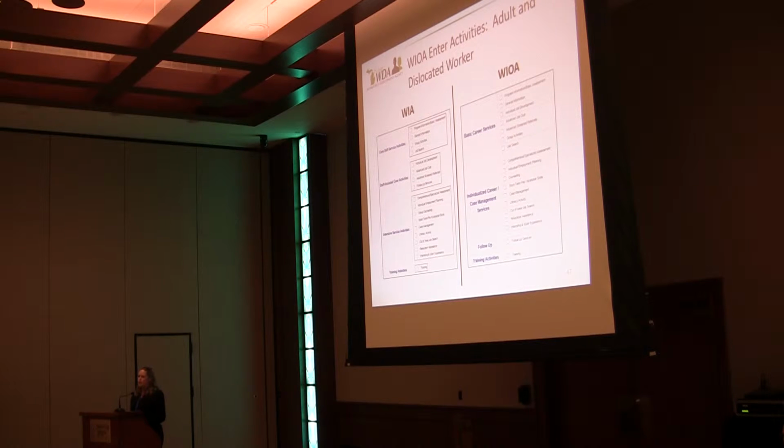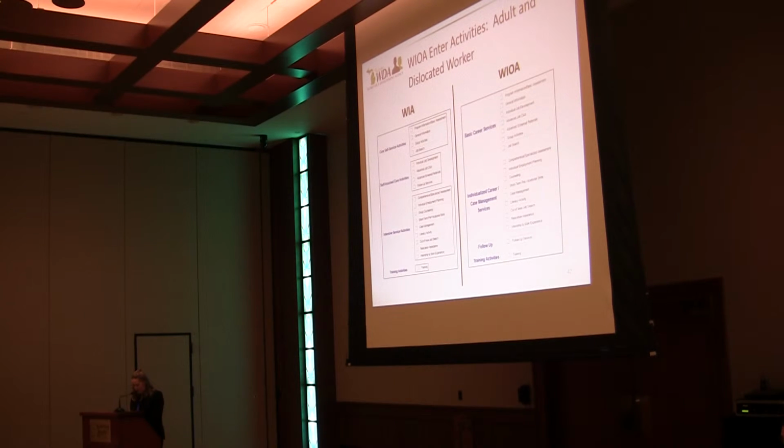With WIOA, the hierarchy rules are not effective, as far as OSMIS is concerned. So we have rearranged the enter activities screen, and you can see how it is now versus how it's going to be, but basically now it's grouped by core, staff assisted, intensive services, and training.